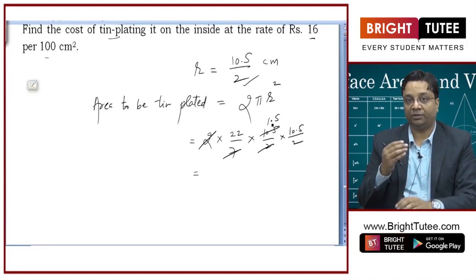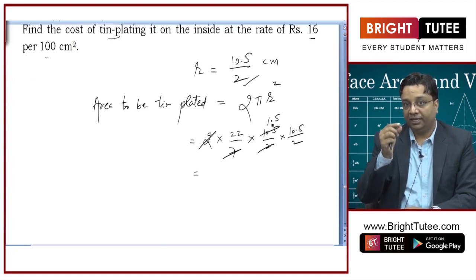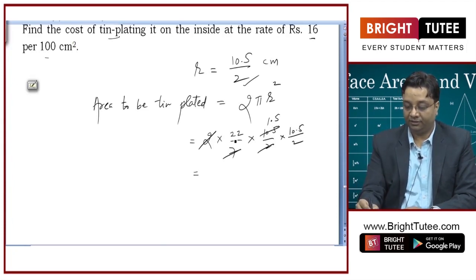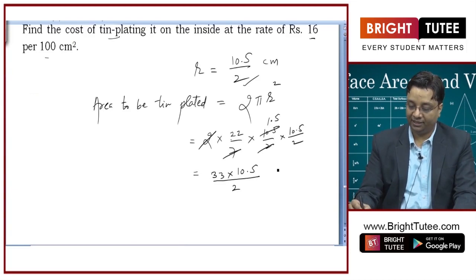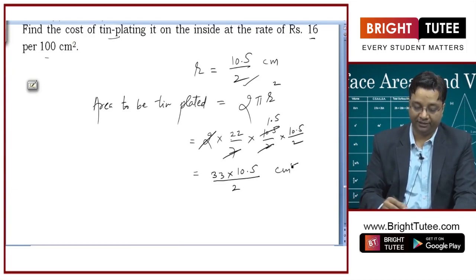You can also think about it like this: 11 into 3, half of 22, double of 1.5. So 11 into 3. So this is 33. 33 into 10.5 by 2 is the area in centimeter square that needs tin plating.